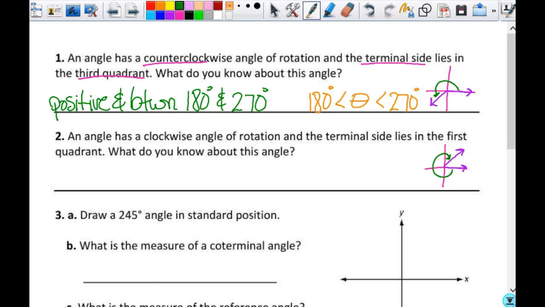Positive or negative? Negative, okay. And what measurements would it be between?